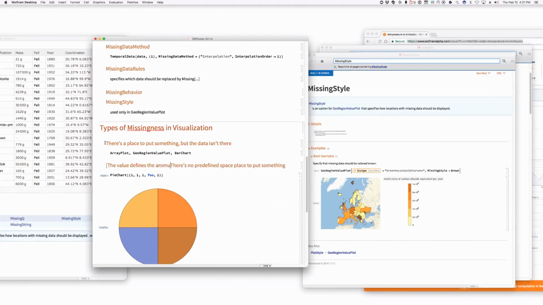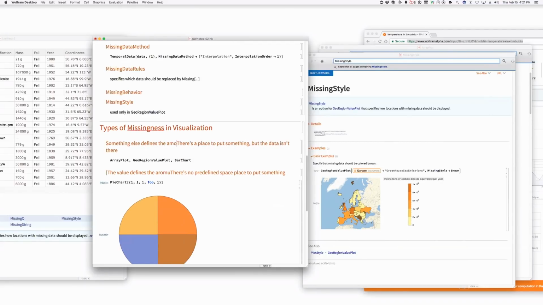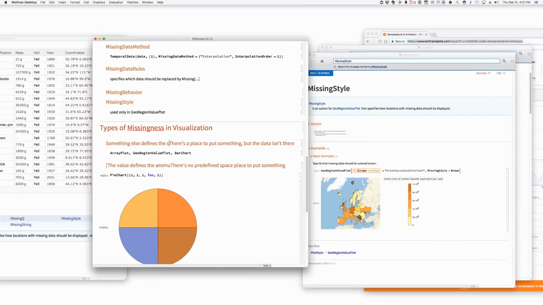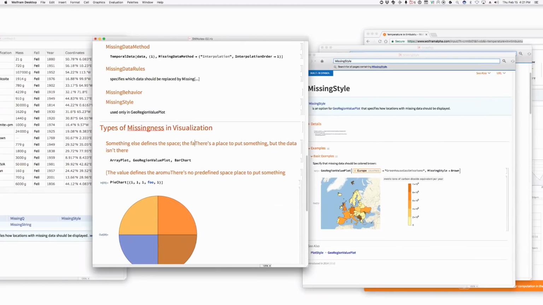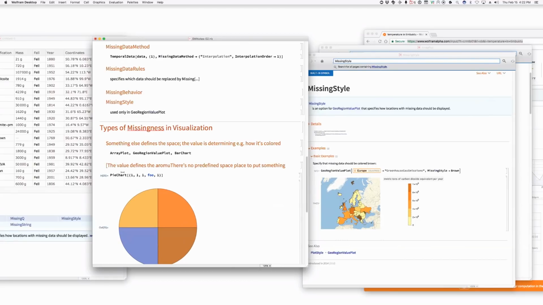Something else defines the space. The value is just determining, e.g., how it's colored.